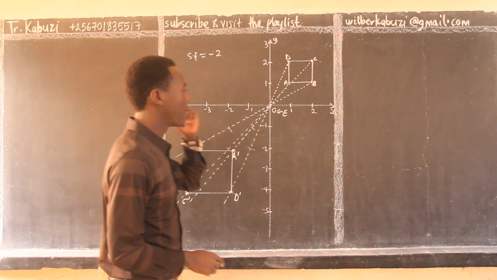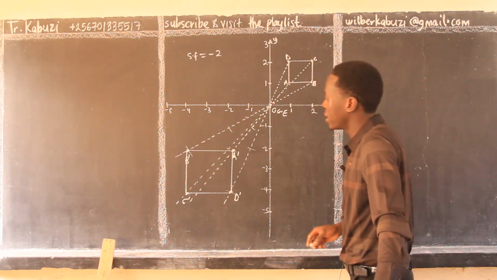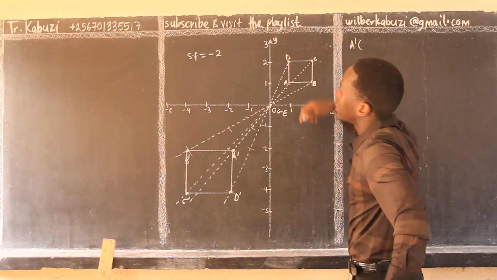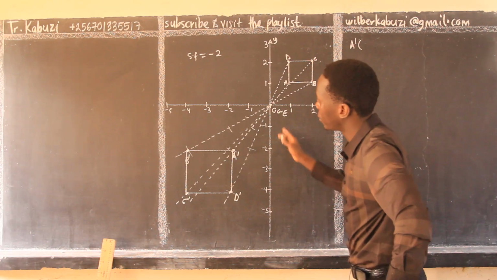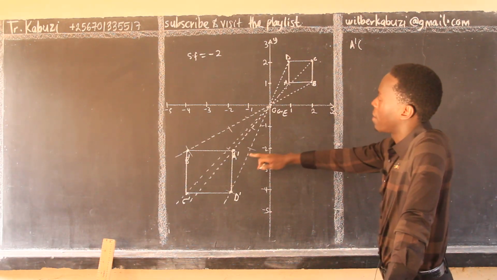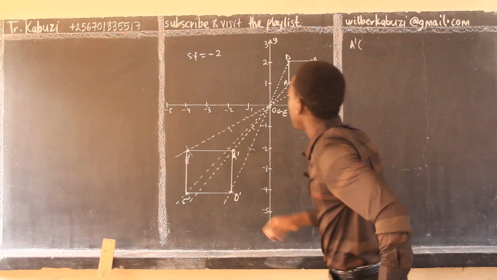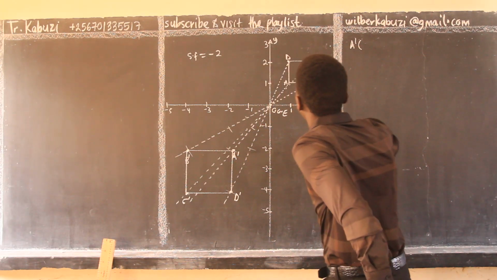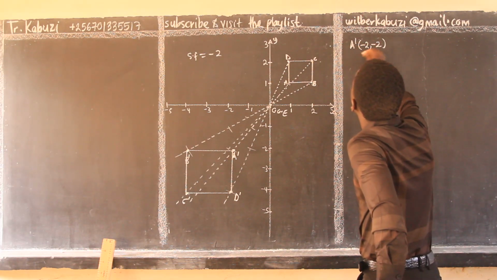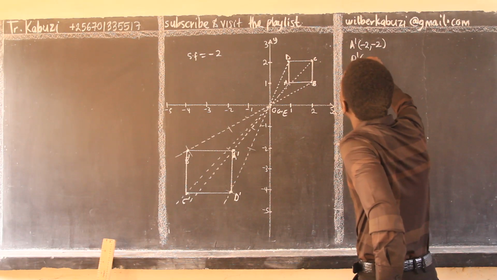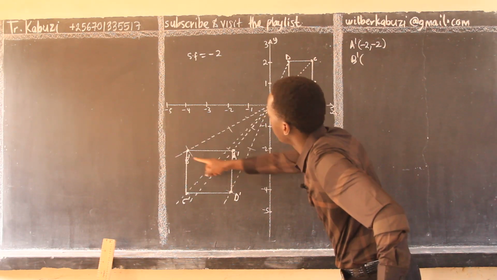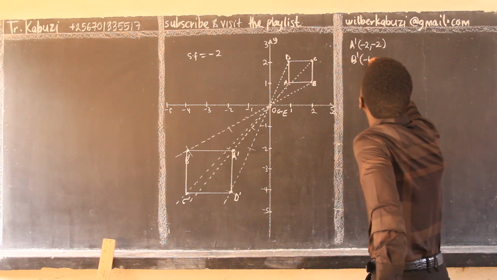Now to get the new coordinates, because they wanted us to get the new coordinates, our A prime is -2, -2. Then our B prime is -4, -2.